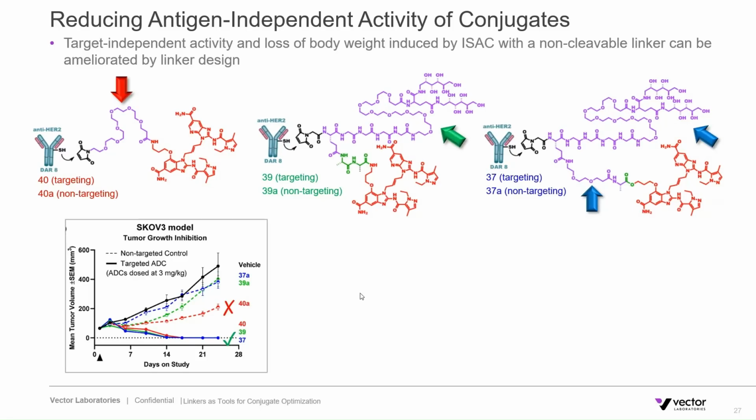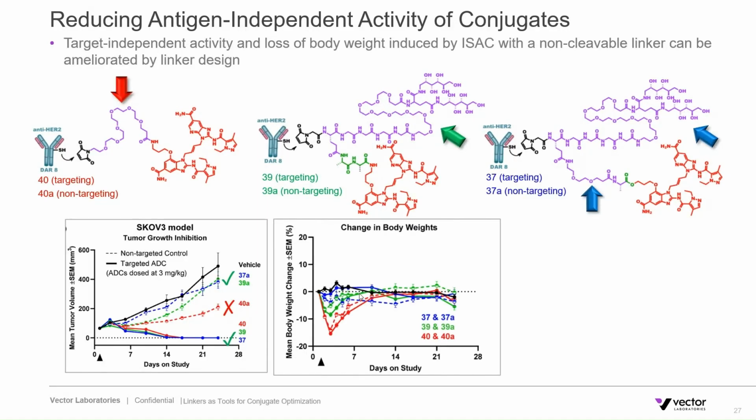However, when the non-targeting controls were tested, the conjugate on the far left exhibited a significant amount of target-independent activity, and the conjugate on the far right exhibited the least. This was also reflected in the tolerability studies, and the conjugate on the far left showed the greatest amount of loss of body weight, while the conjugate on the far right showed the least.